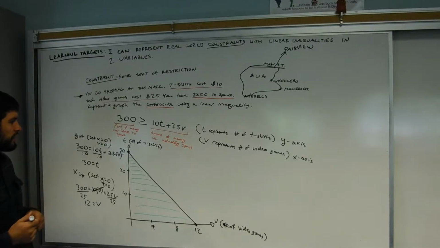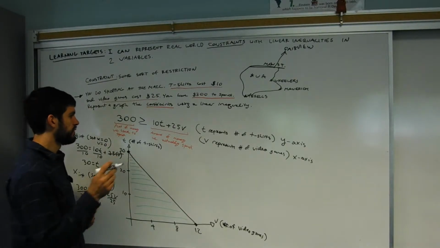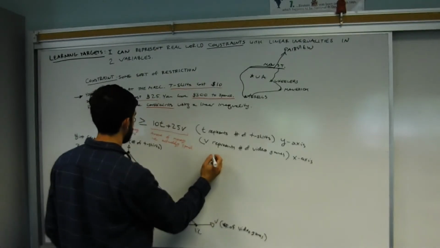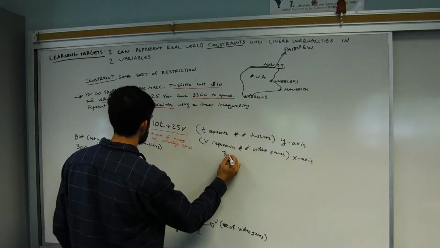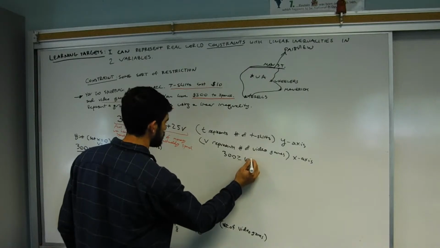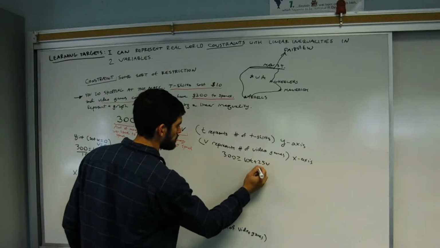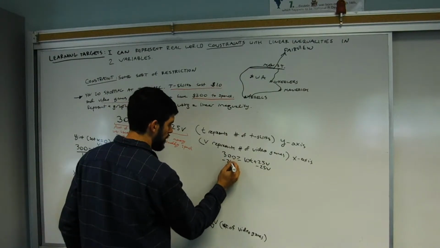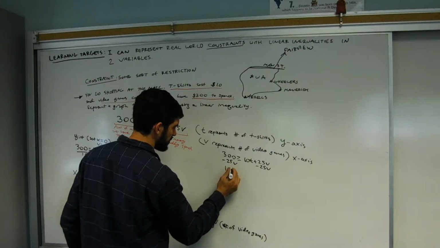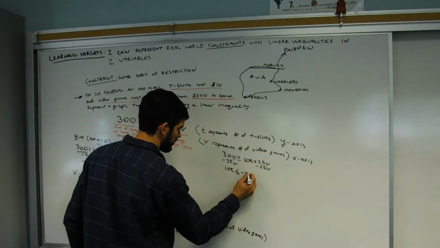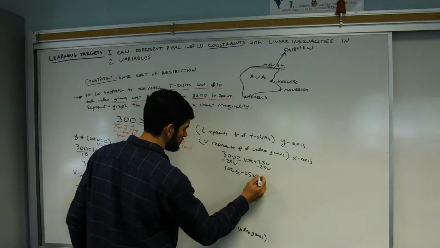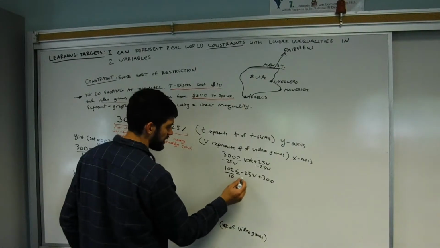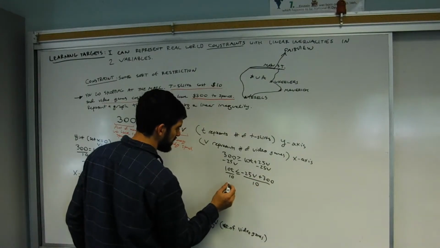Another way that we could have graphed that is to subtract 25v from each side, so we'd get 300. I'm going to switch this around, so I have 10t is less than or equal to negative 25v plus 300. Then I could have divided each side by 10.